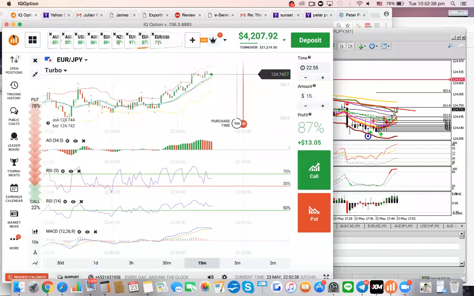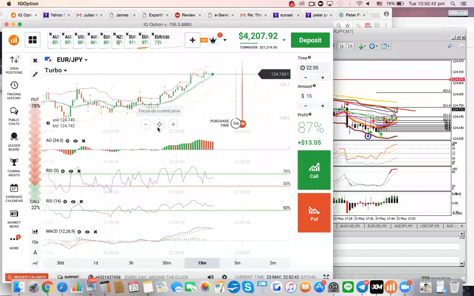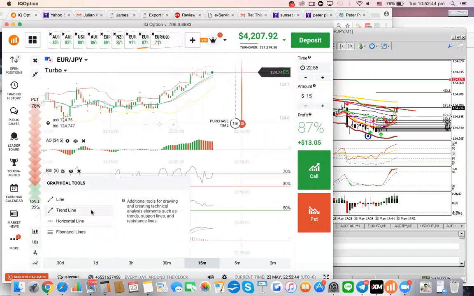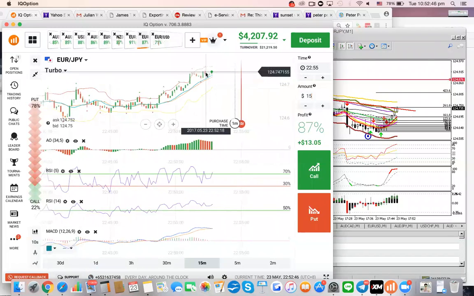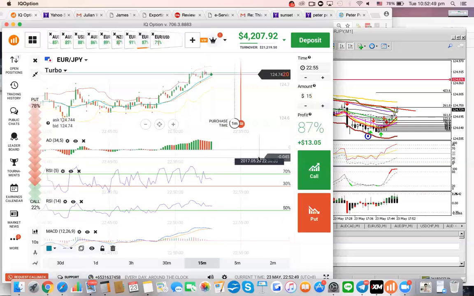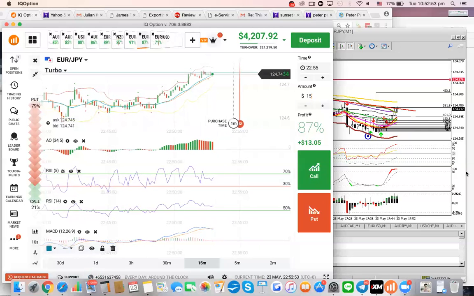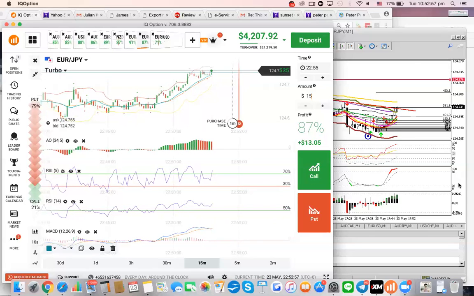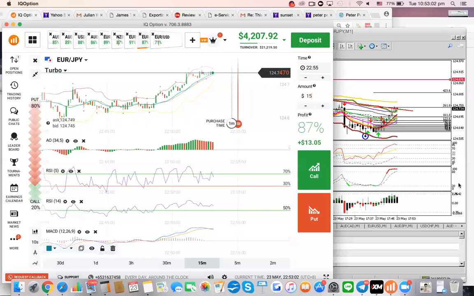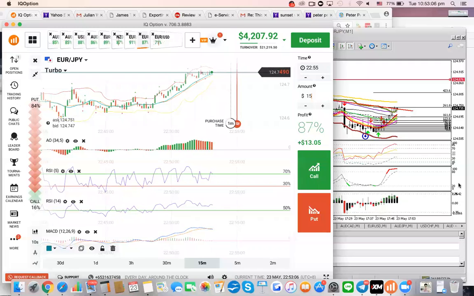Sometimes there's a bit of an error and the purchase line doesn't come up, but I know where it is. I'm just gonna manually mark it at this previous high. We're generally in a downtrend, so the odds of it going down is fairly high. But like I said, there is some possibility that we have to do a re-entry. So I'm always just keeping my options open by retaining some balance to do that.